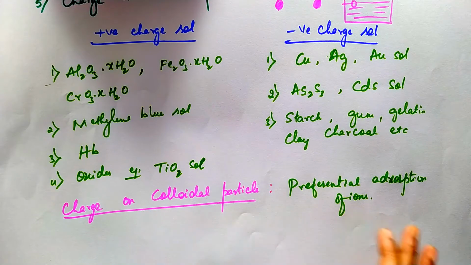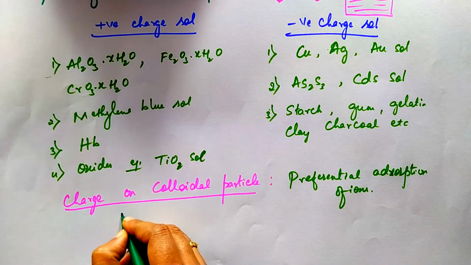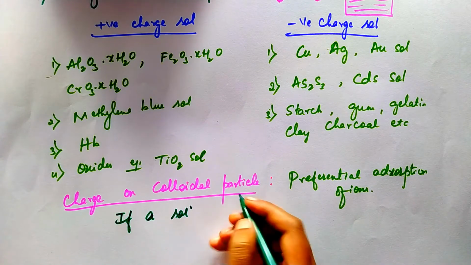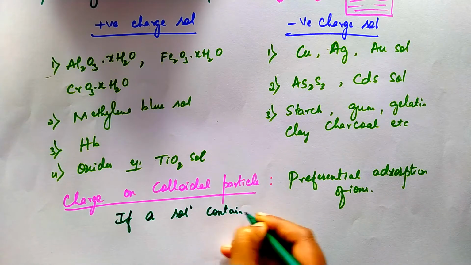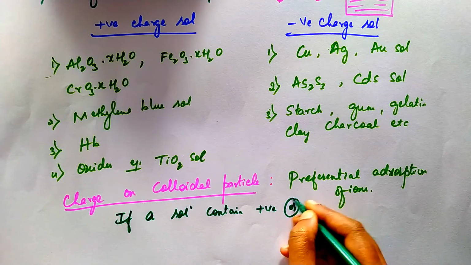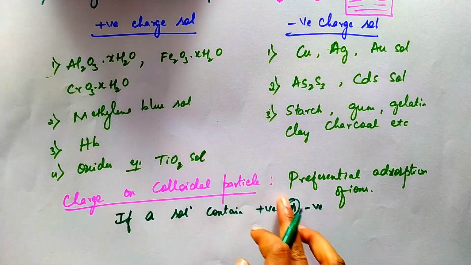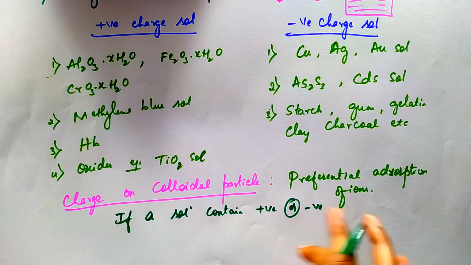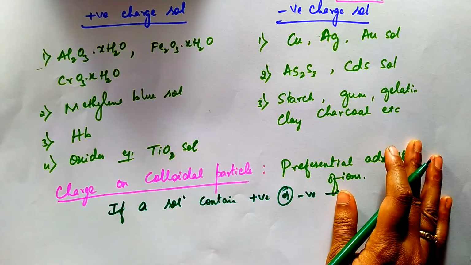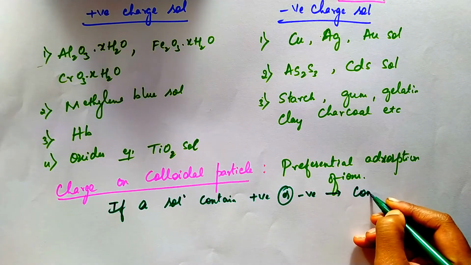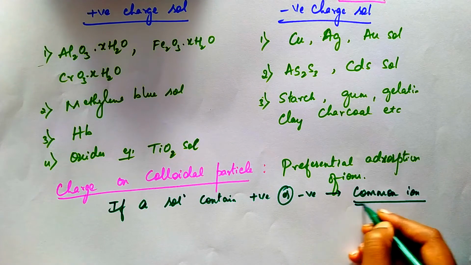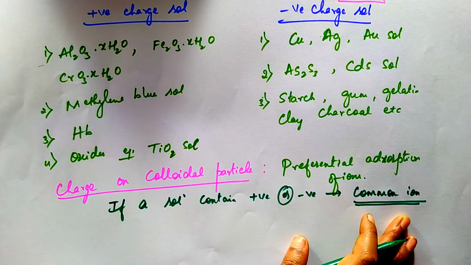If a colloidal solution contains either positive or negative charge, this colloidal particle can adsorb any one charge from these two. So it mainly depends on the same ion, that is the common ion. The colloidal particle adsorbs the common ion from this solution.